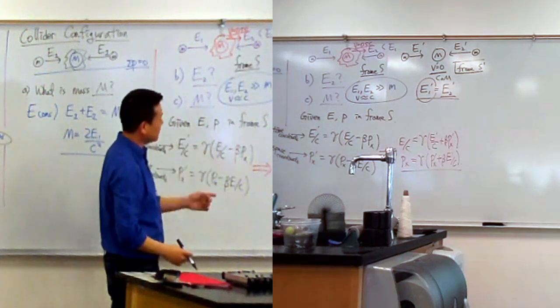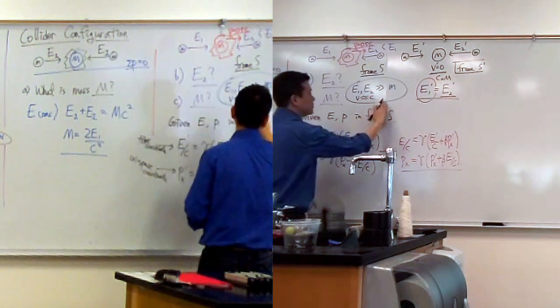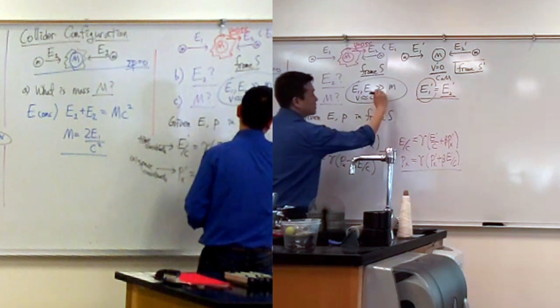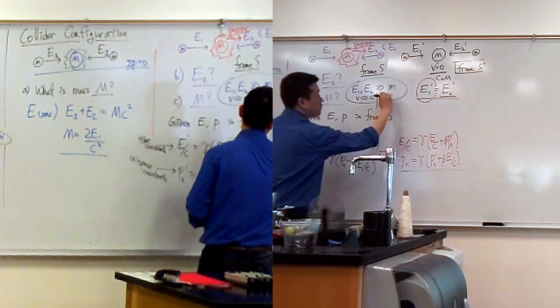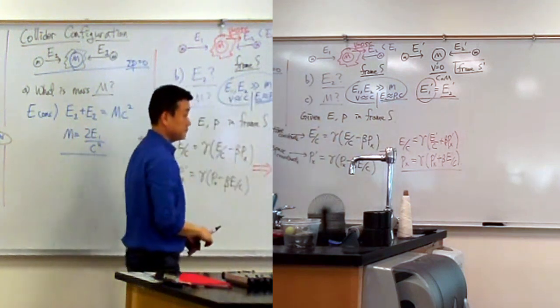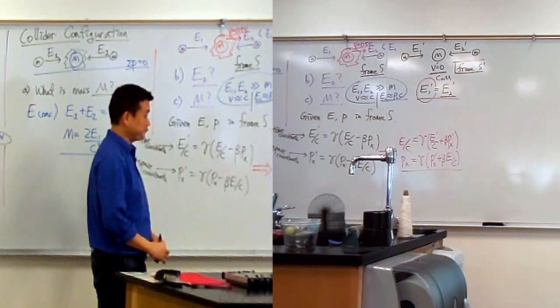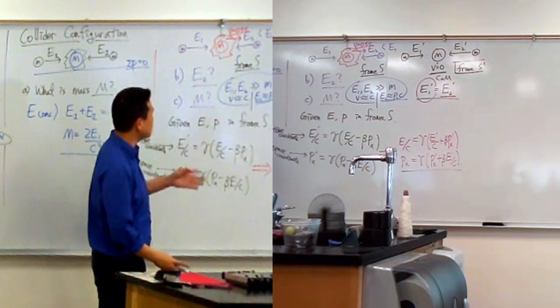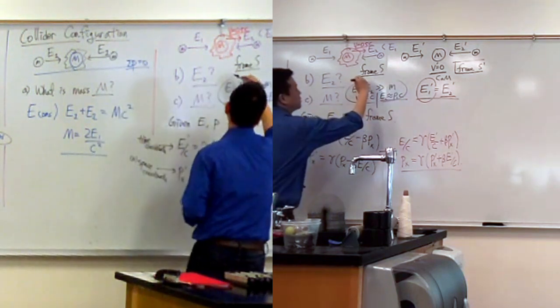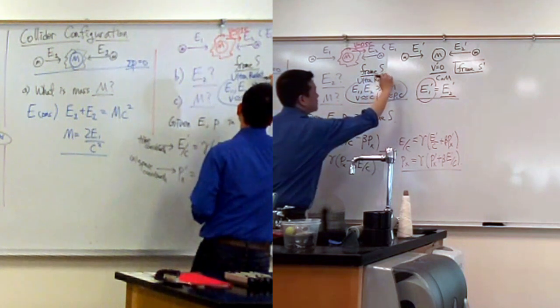And the second part, this is the more important part, I can say E1 is approximately P1c, because the mass is negligible. Okay. All right, so this is called ultra-relativistic approximation.